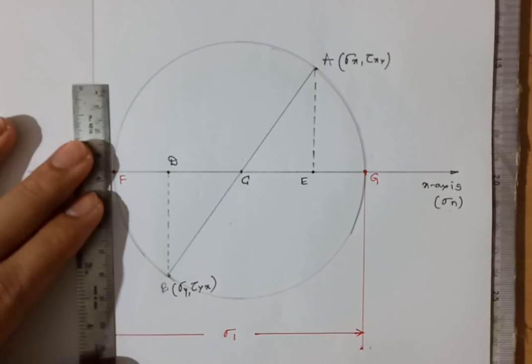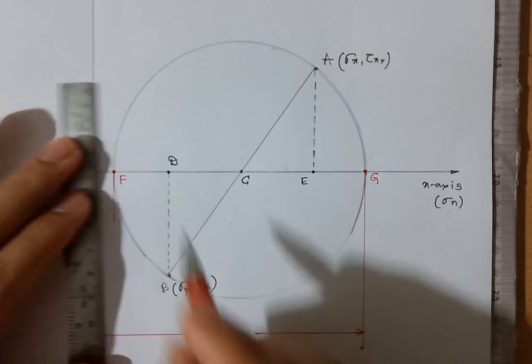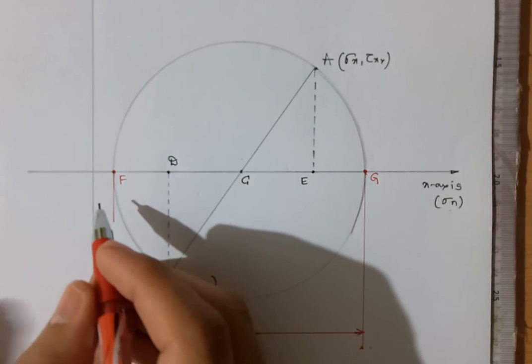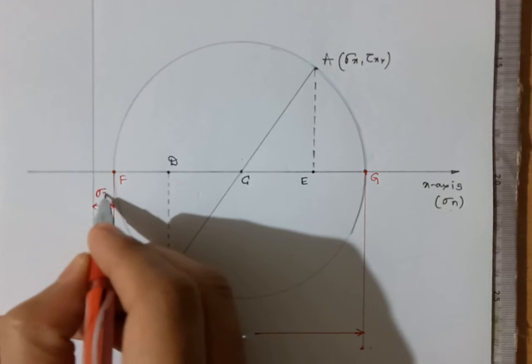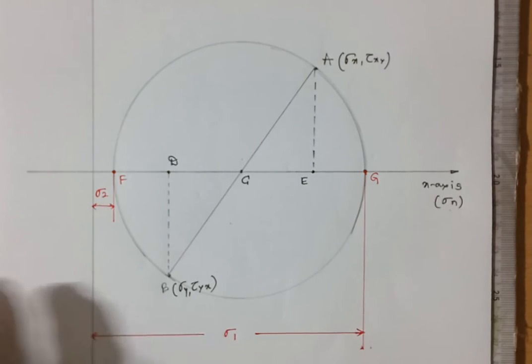And similarly this distance is sigma 2, that is the minor principal stress, right? Fine. Once this is done, we have located the principal planes and the principal stresses. Next, let me locate an oblique plane on which we want to find the stresses.